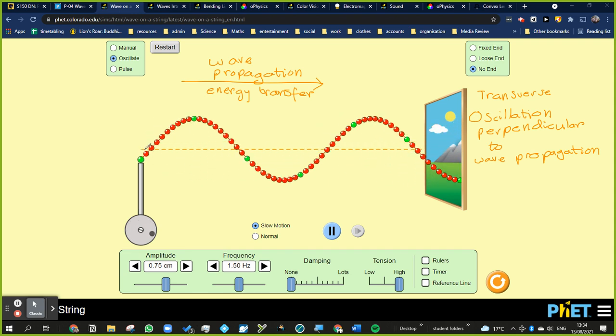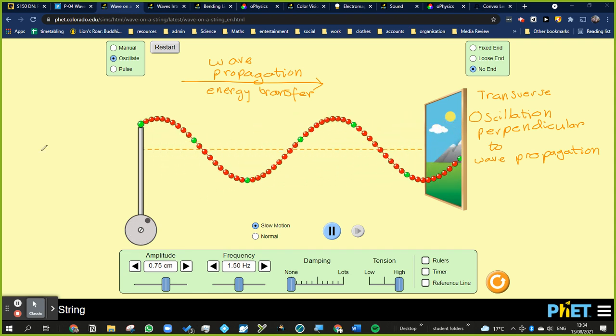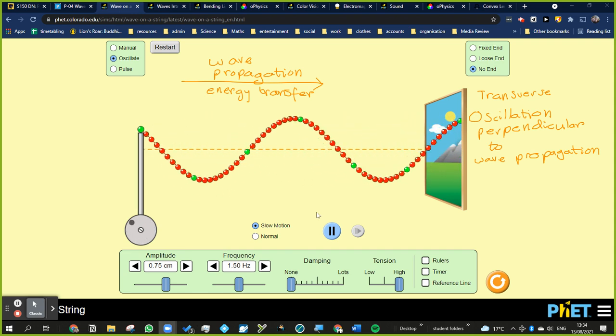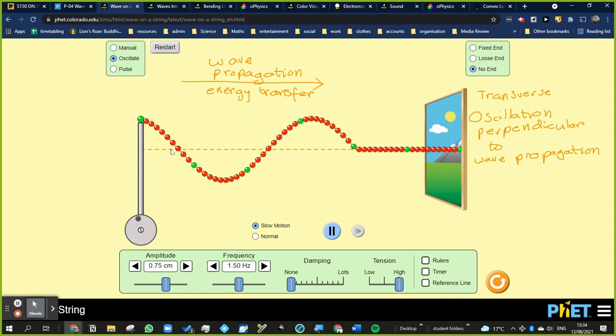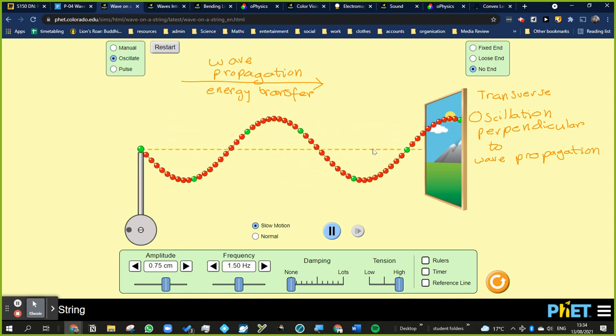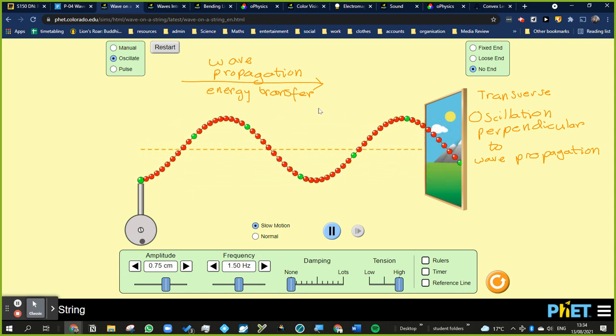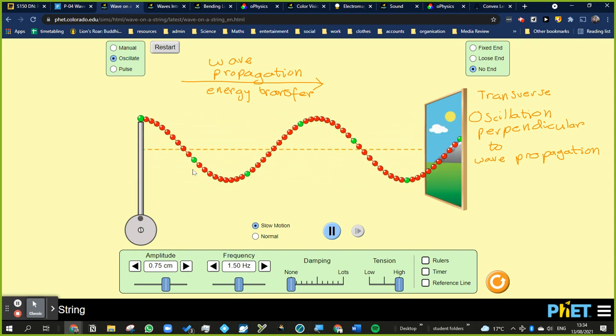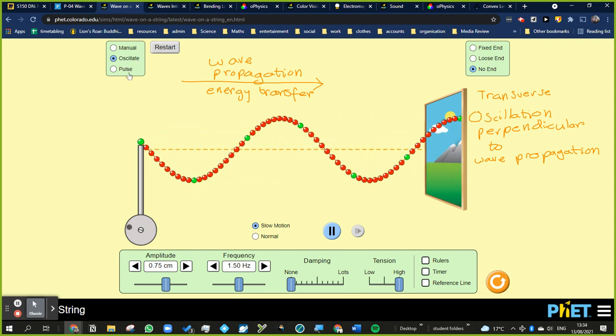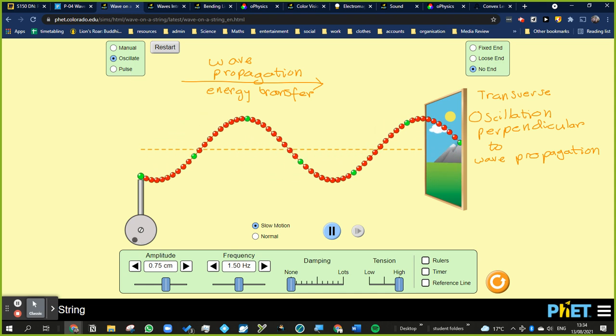We're causing movement. If I reset it and press play, at the very beginning none of this is moving over here. This started some movement, and it sends the energy from left to right. So the thing that's moving from left to right is energy, or if you like, a pattern. So that gets that across.